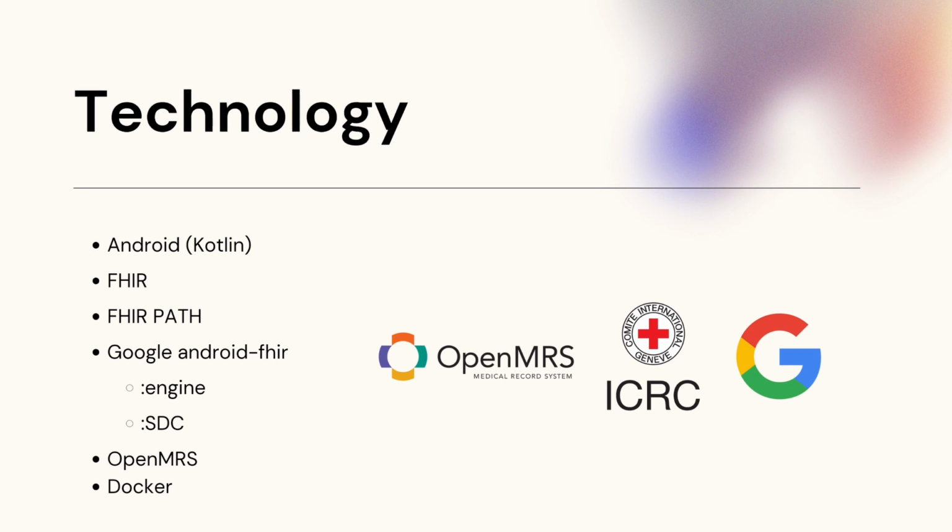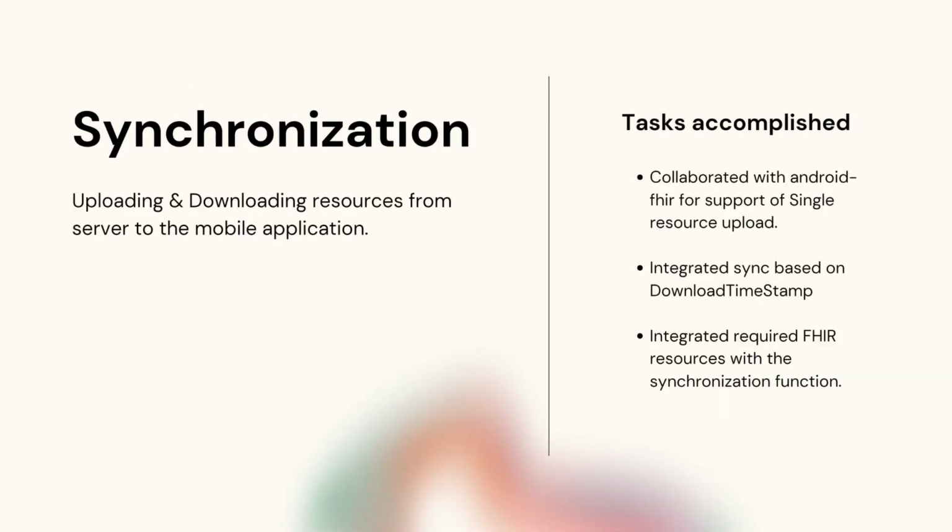Now let's dive into the main features of the application, starting with the synchronization. This feature allows the user to upload and download resources to the server. We primarily use the sync API by the engine library, but one of the blockers that we had was that the engine library only supported a whole bundle transaction to save the resource.